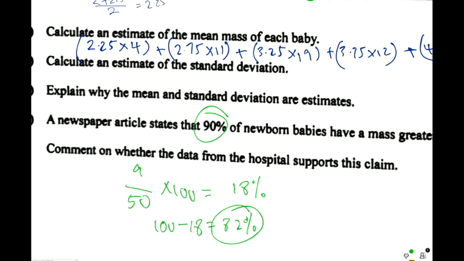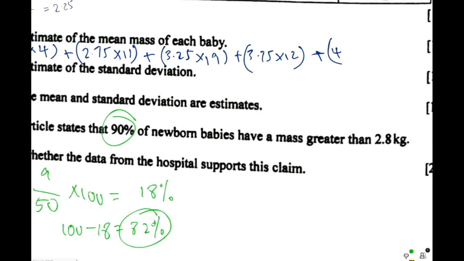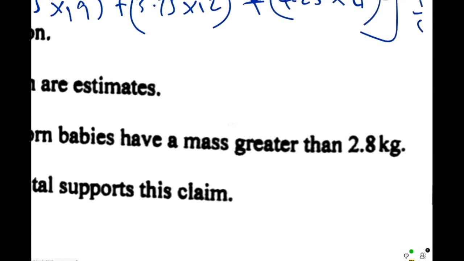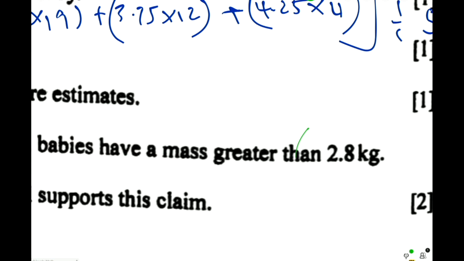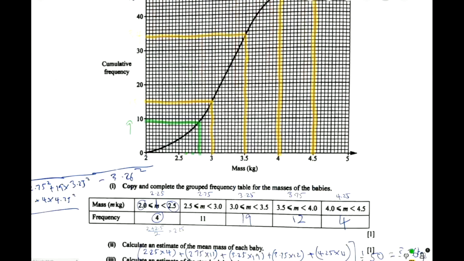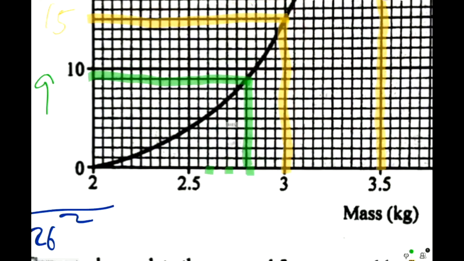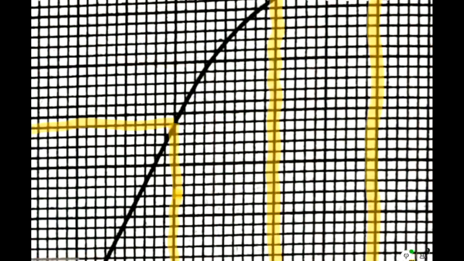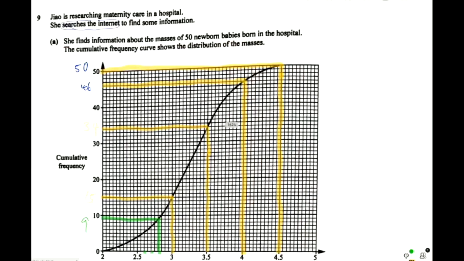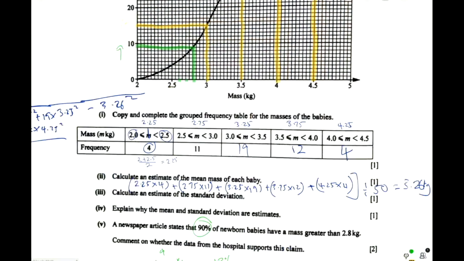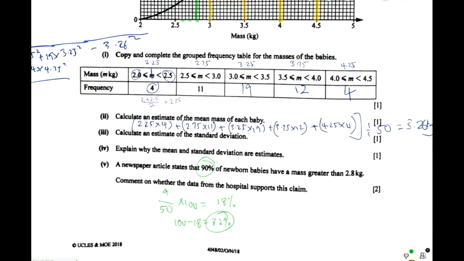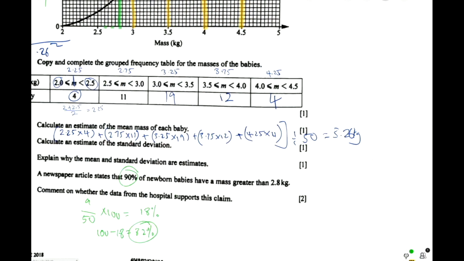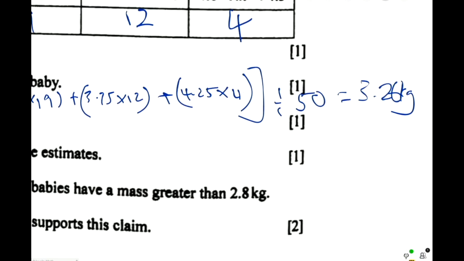Because they want babies that have a greater mass than 2.8. Greater means they don't want this part. They want the one above. So I got a minus.